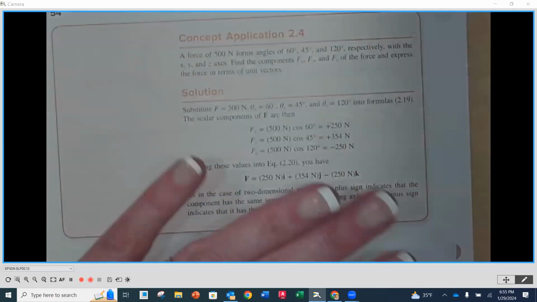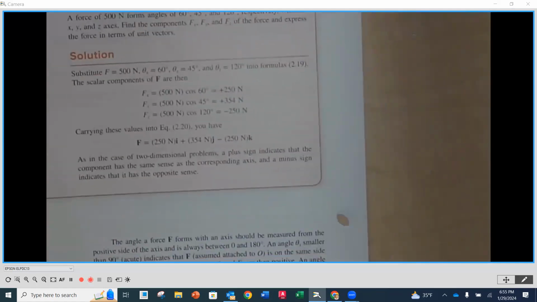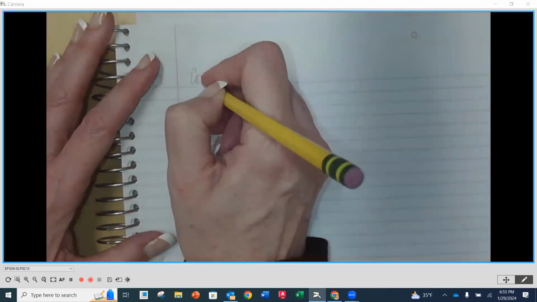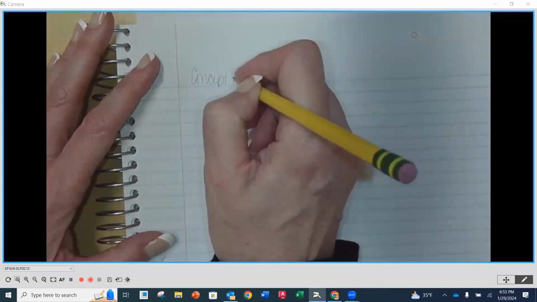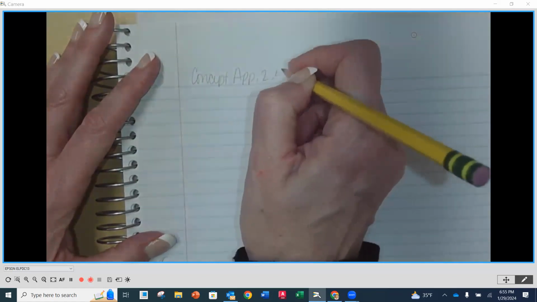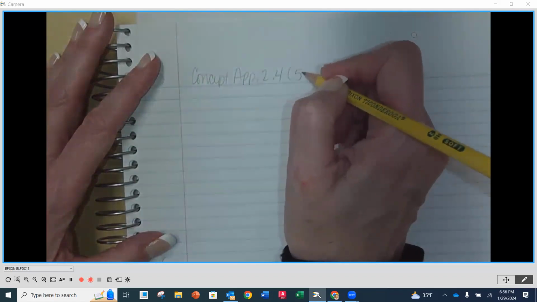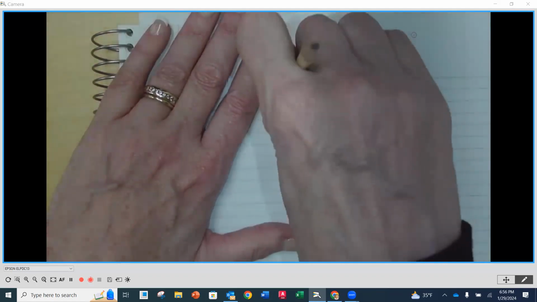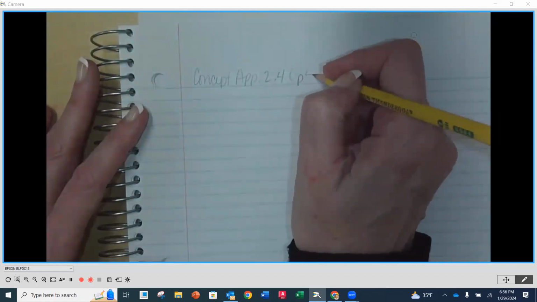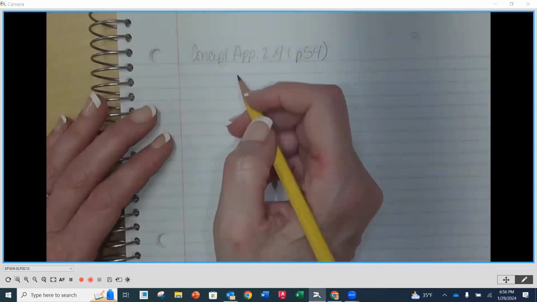I know it's here. I'm not just going to point to it. I think it's important to go through these and write them out. So we're going to start with concept application 2.4. And if you want to put the page number, you can. Page 54. Okay. And we have our force is equal to 500 newtons.